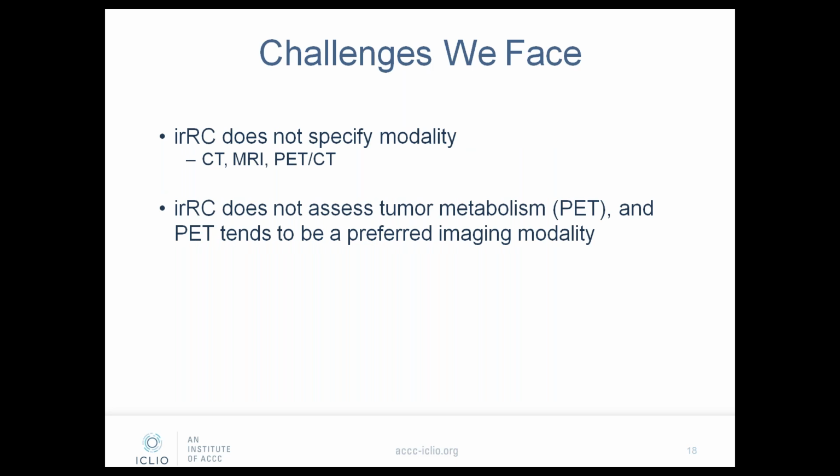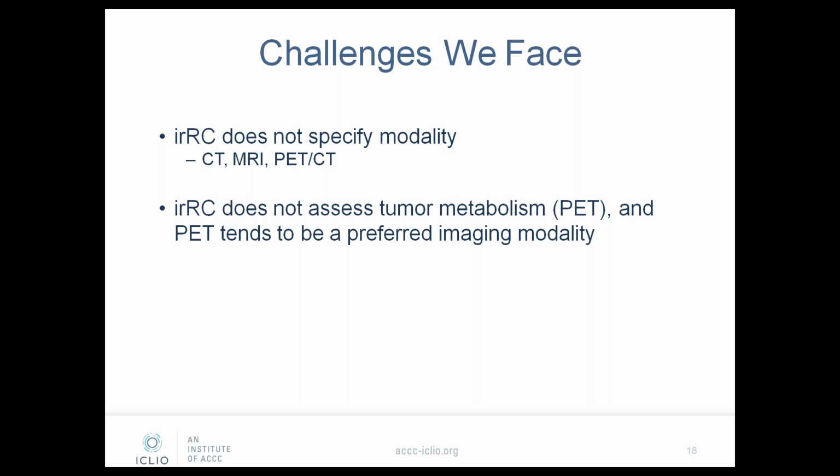So a couple challenges that we face as radiologists and oncologists is that the immune-related response criteria do not specify the modality of follow-up. So you could do a CT, an MRI, or a PET-CT. And the IRRC does not assess tumor metabolism, which could be problematic because PET tends to be the preferred imaging modality, because most of the patients that are on the IO therapies have advanced metastatic disease, and PET is really the best way to image the whole body and to really delineate all the lesions, especially since they light up on PET scans.